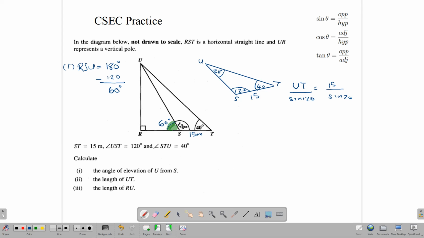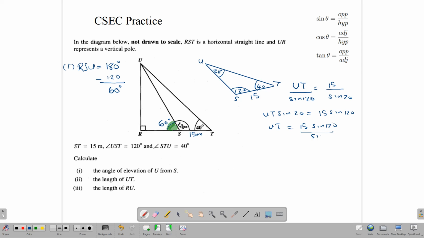Doing a bit of cross multiplication here, UT sine 20 is equal to 15 sine 120. Therefore, doing a bit of division, UT is equal to 15 sine 120 divided by sine 20.